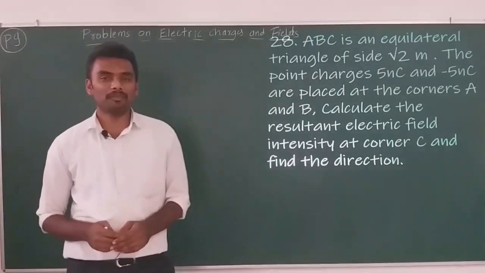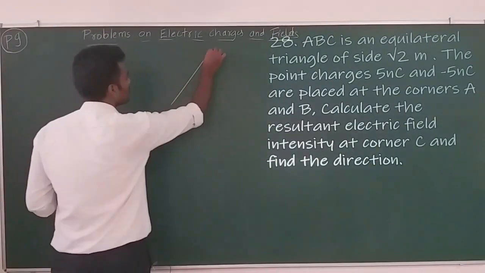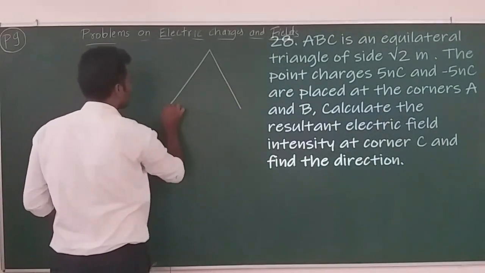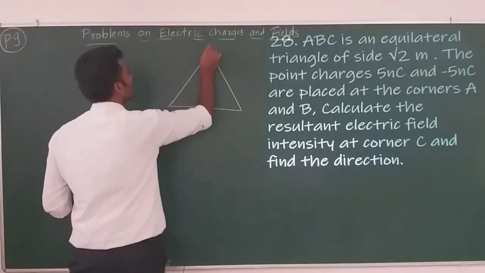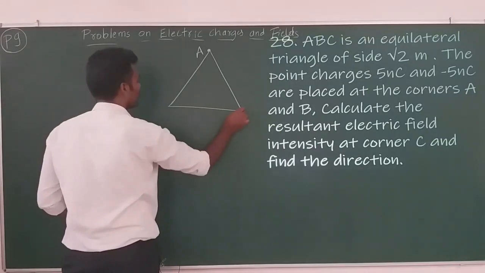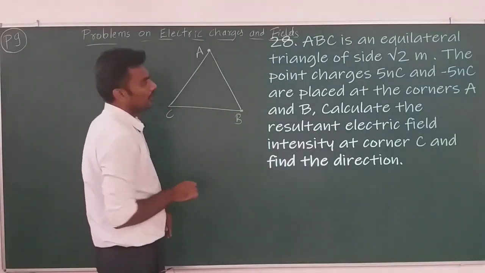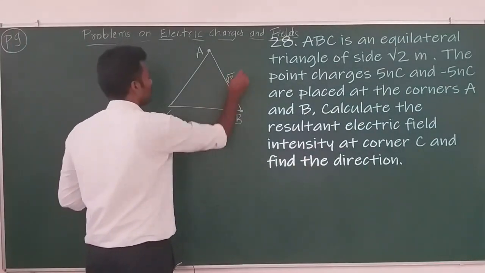So the shape given now is an equilateral triangle. Let this be the equilateral triangle given. Let the points be A, B, C. This equilateral triangle is of side √2 meter.